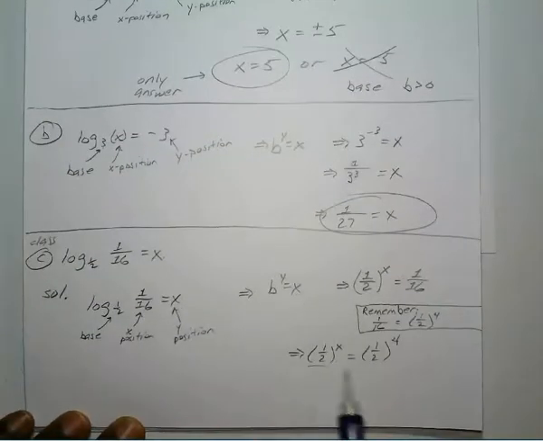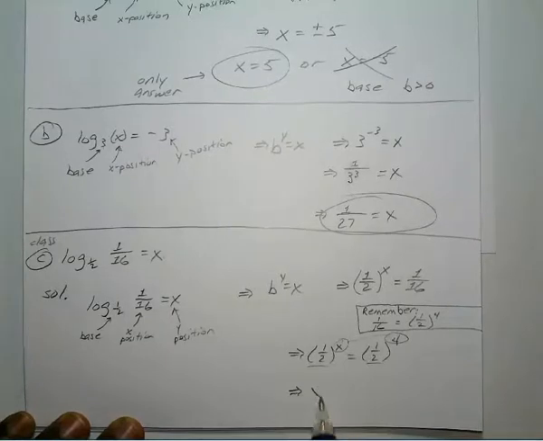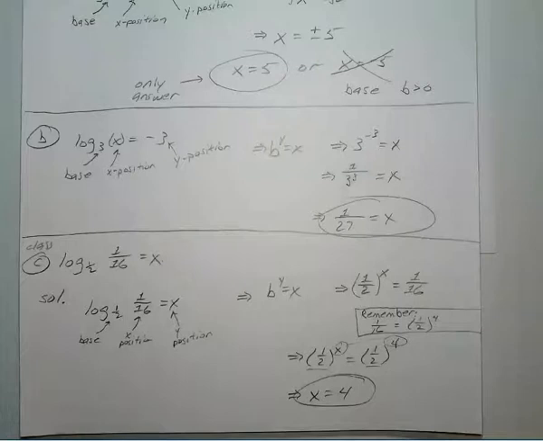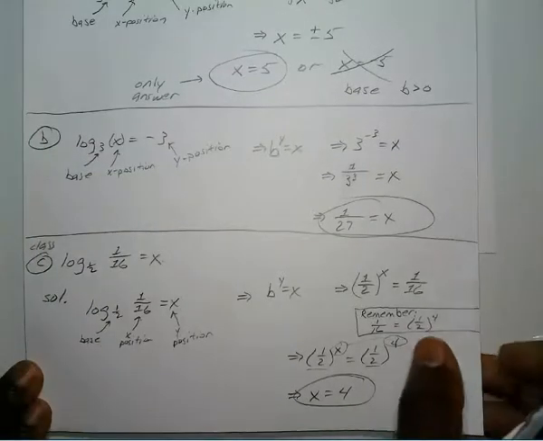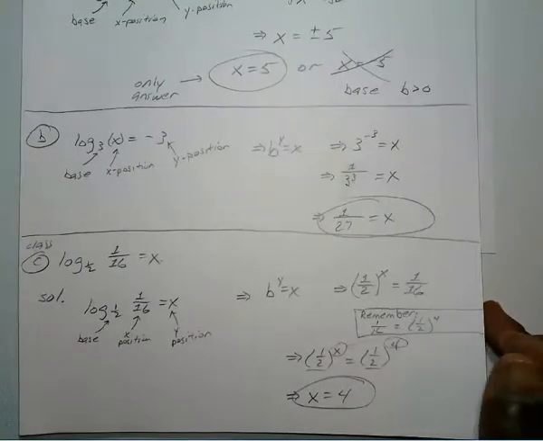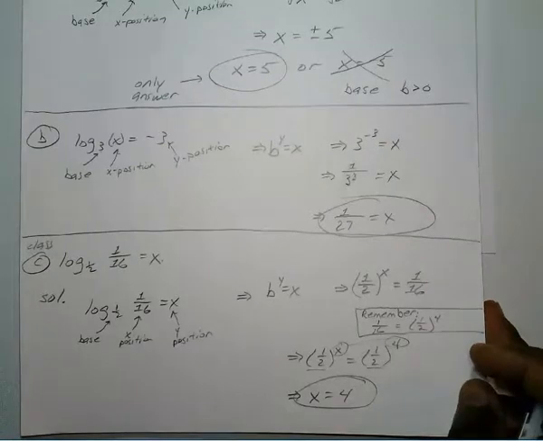Okay, so just like before, as long as our bases match, our exponents would have to be equal. So we have x equals 4. Alright, so if you're still writing, feel free to press pause, but we're going to move on to our next example.